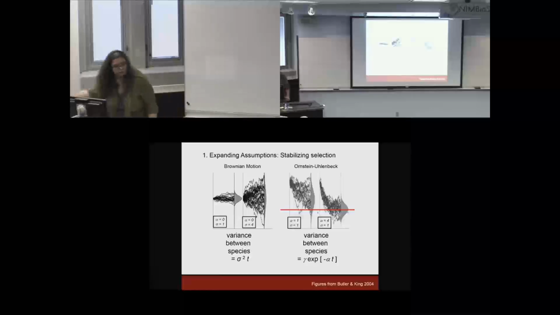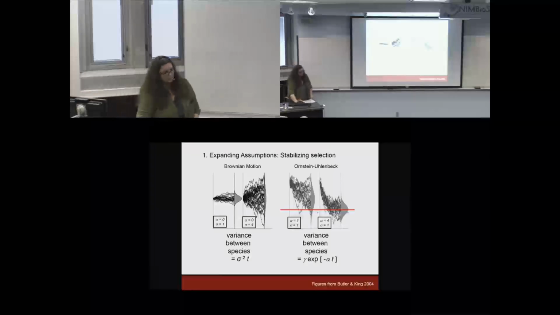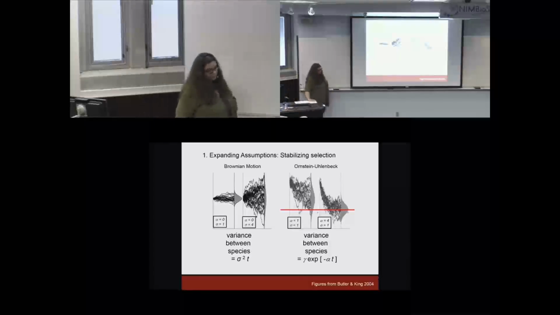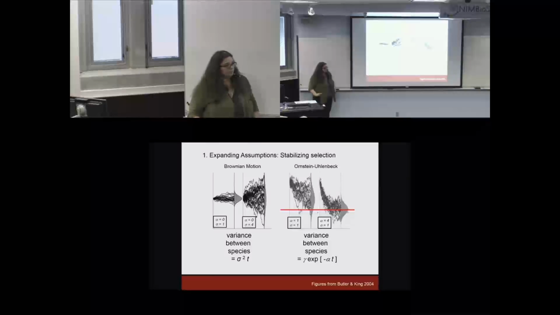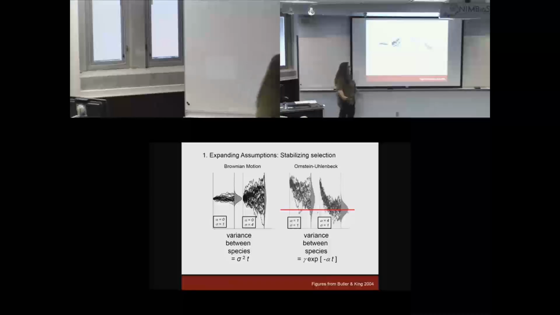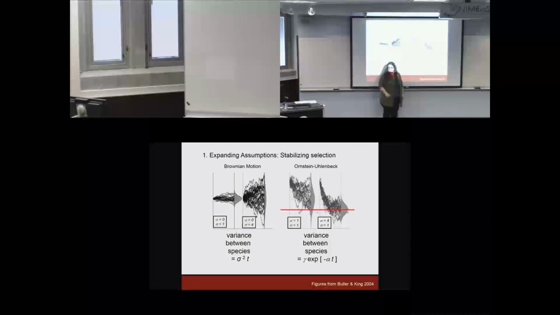So I was just wondering, under OU, if we had an optimum in the initial point, where it started, would it be... Talking about two different things. That's the red line, the optimum, not where you started.